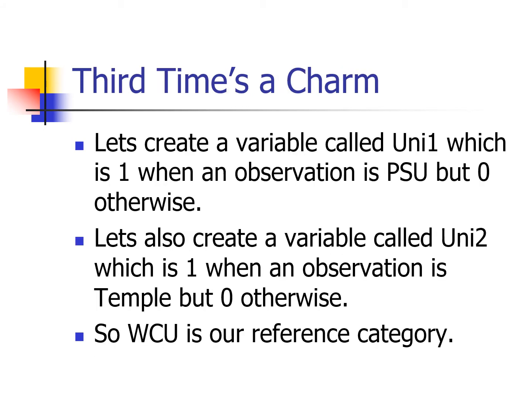All right, 3rd time's a charm. So let's make a variable called uni1, tells us whether or not you're in Penn State. We'll make a variable called uni2, tells us whether or not a student's from Temple. Right? Based on those, we know whether someone's from Westchester. Because you have to be from one of those 3, and you could only be from one of those 3.